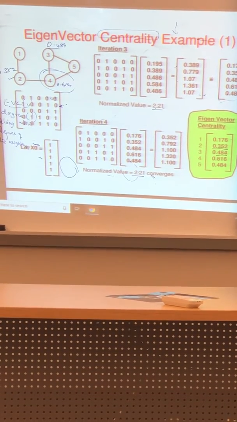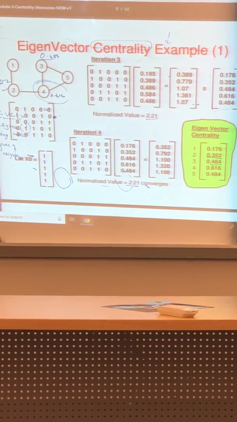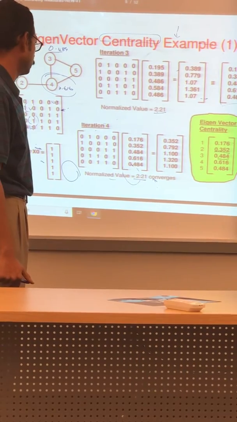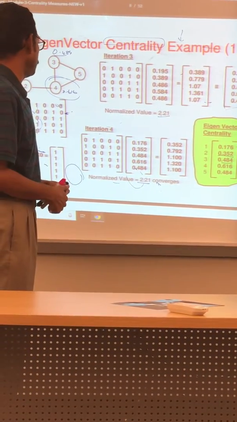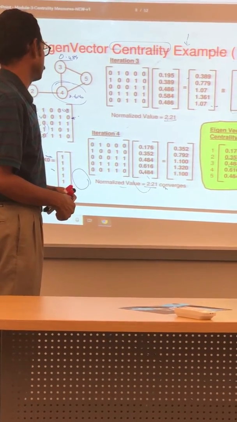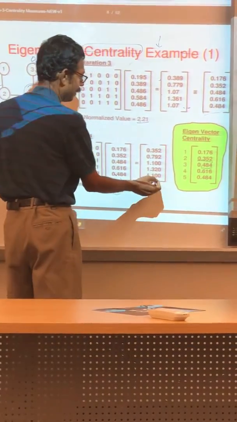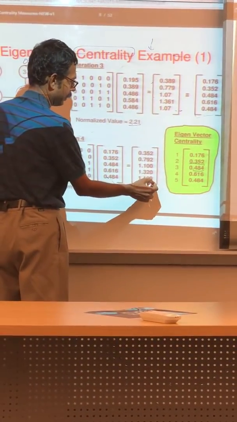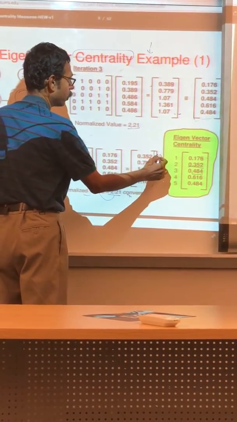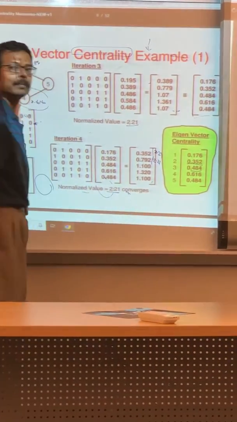Why don't we use the last values from iteration 4? No, I think I didn't normalize this further. I normalized it, but I didn't divide this by 2.21. If you divide this by 2.21, it will be almost the same.